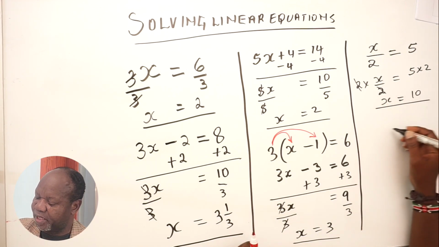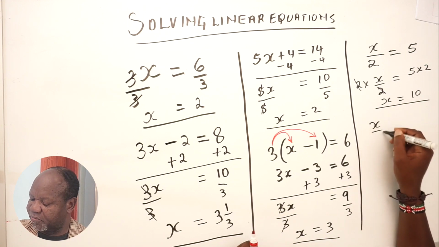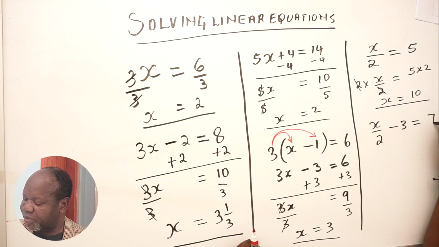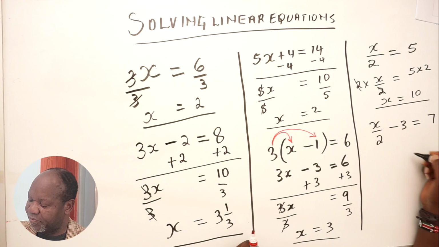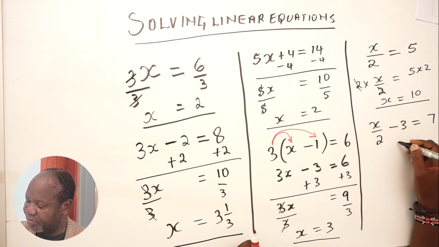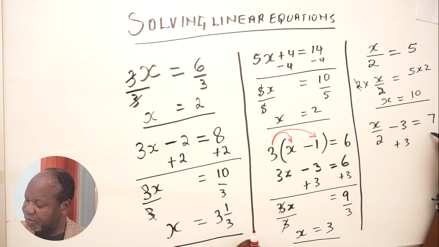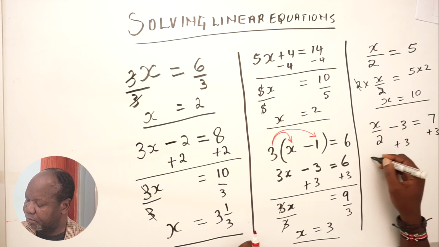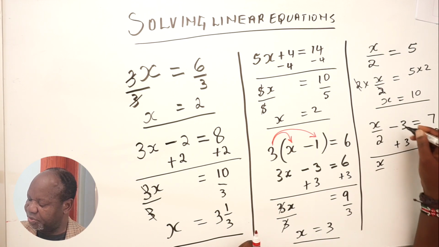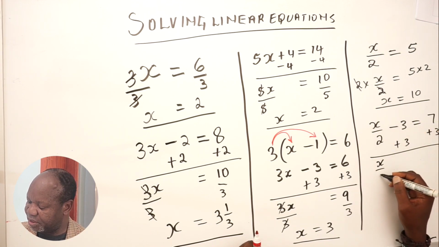Okay. If it was a bit complex, x over 2 minus 3 equals 7. So again, proceed like we had done before. Remove the 3 first before you handle the x by adding 3 to both sides. And you end up with x over 2 is now alone because minus 3 plus 3 is 0.